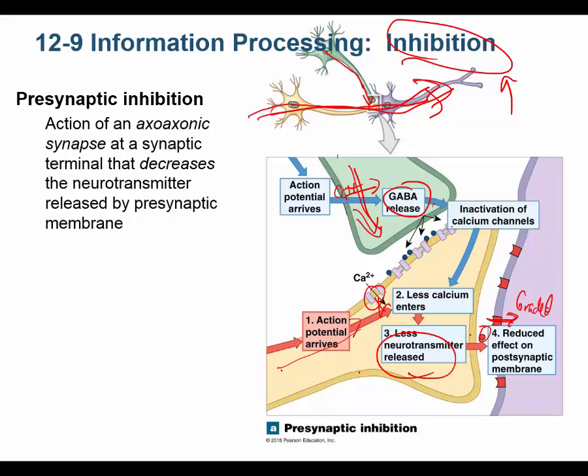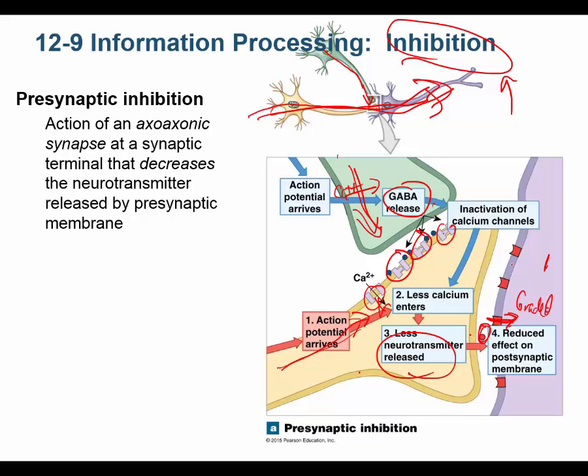Now when this action potential comes down through, these channels stay closed. They don't allow calcium to come in. If calcium can't come in, then the synaptic vesicles don't fuse and release. If the synaptic vesicles don't fuse and release, then I don't have much neurotransmitter in my synaptic cleft. If I don't have much neurotransmitter in my synaptic cleft, then I don't have much depolarization, and this postsynaptic membrane is not going to fire.